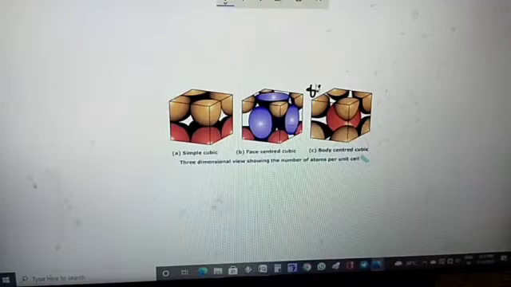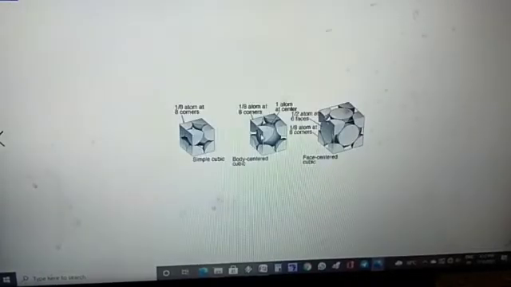Along with this 1 atom, 1/8 atom at 8 corners means 1 atom, and 1 atom at its center. So 1 plus 1, total 2 atoms will be present in the body centered cubic unit cell.